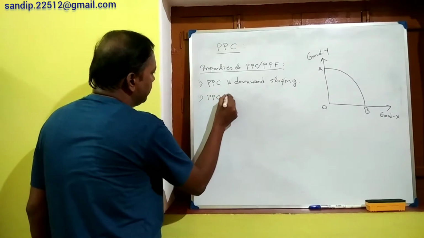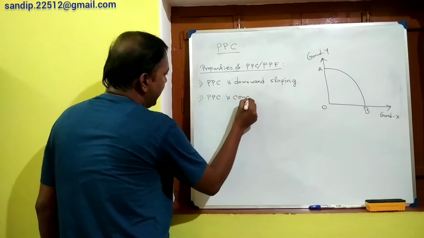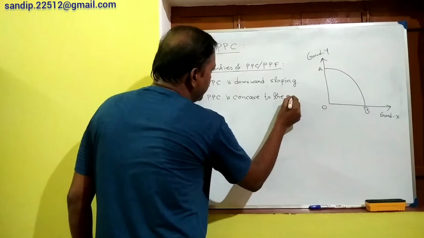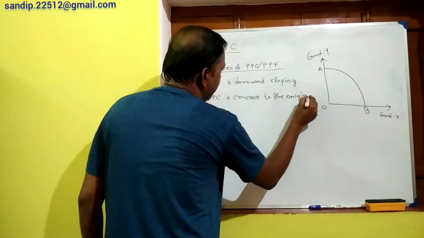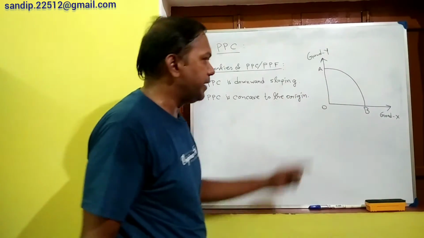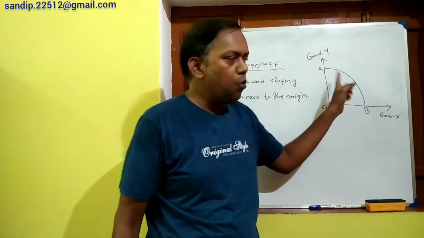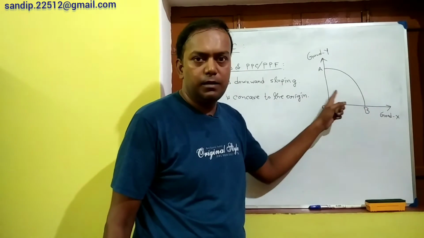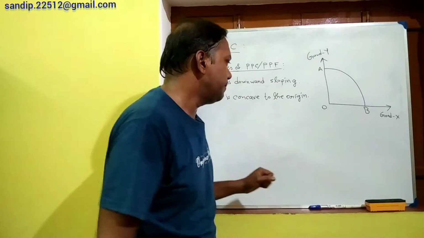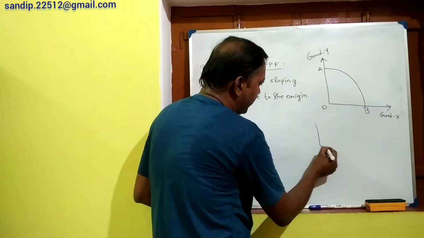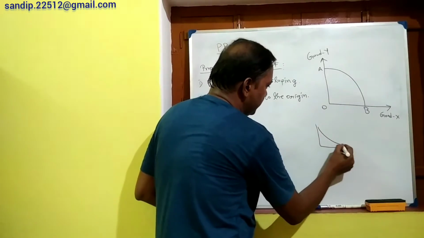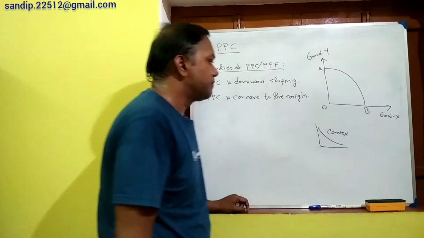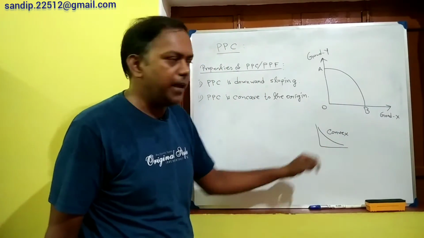Now the second property is that the production possibility curve is concave to the origin. Students, it is simply mathematics. This shape is called concave. If I draw a curve like this, it will be a convex shape. We can say it is downward sloping but convex.